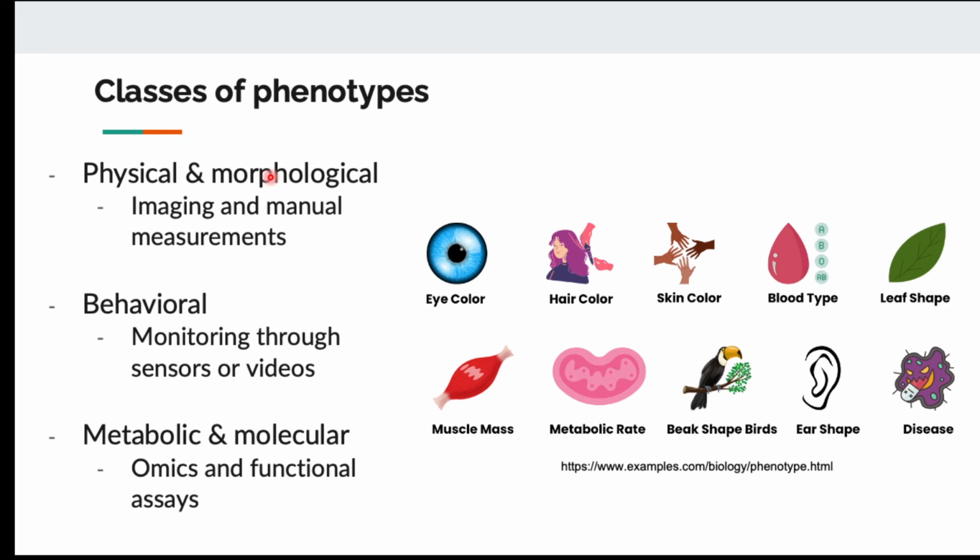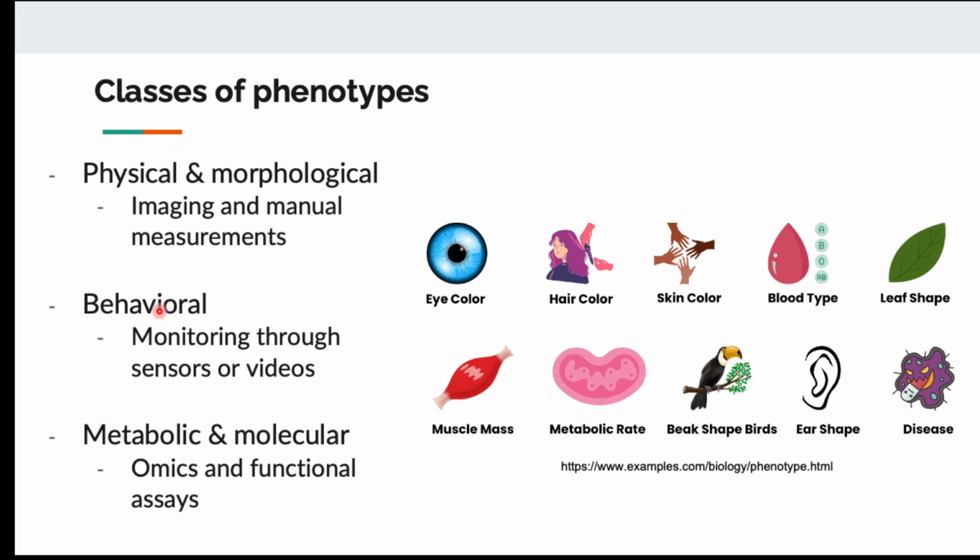For humans and animals, we have the weight, height, maybe the shape of the body. For cells, like we saw in the microscopy lecture, we can measure the size and shape of the cell, like the ratio of the nucleus to cytoplasm. So these are phenotypes that we can see by eye, by microscope, or by imaging.